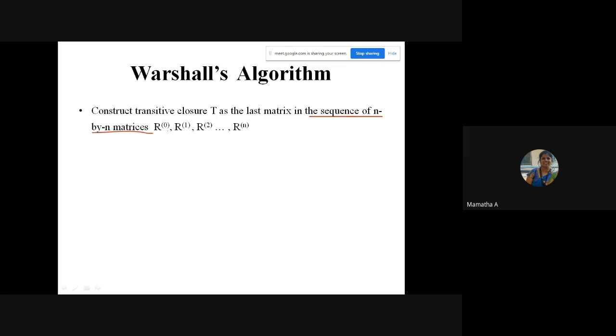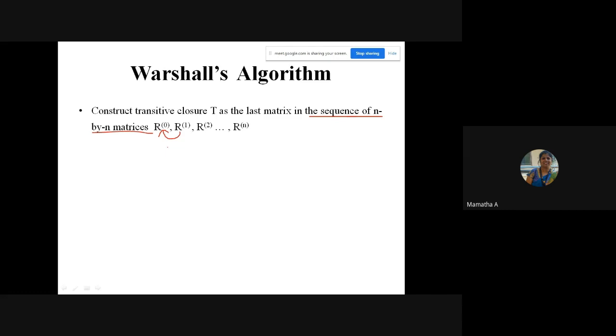When I divide a problem into subproblems, I should find out the relationship, which problem is dependent on the other. There's nothing rocket science here. To get R1, I want R0.